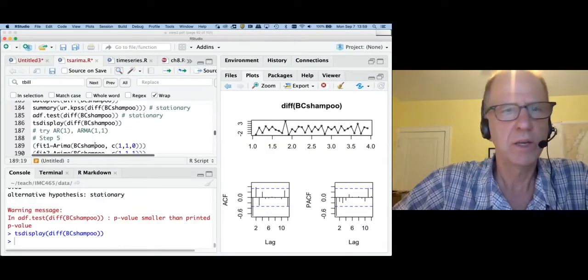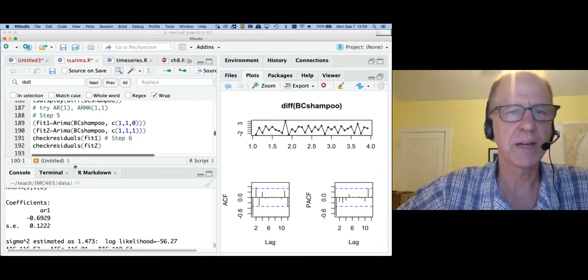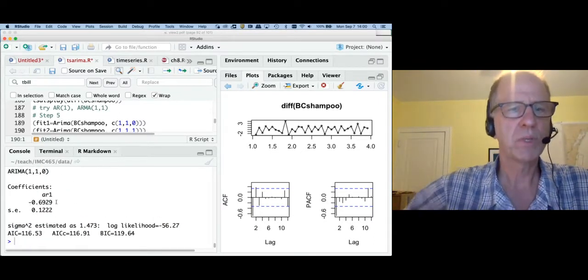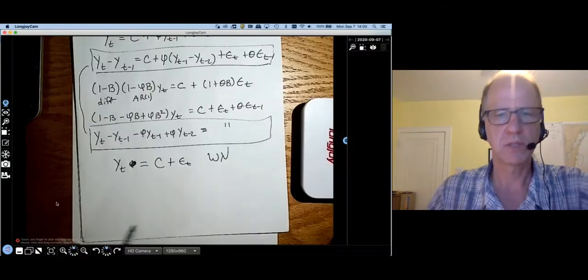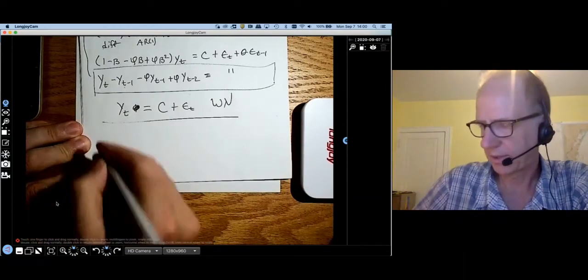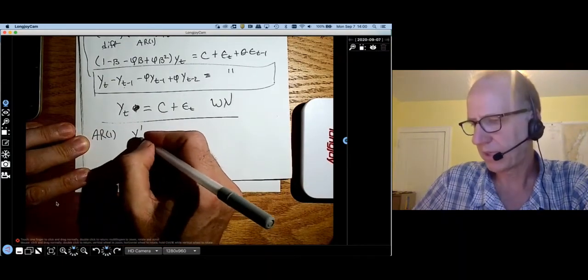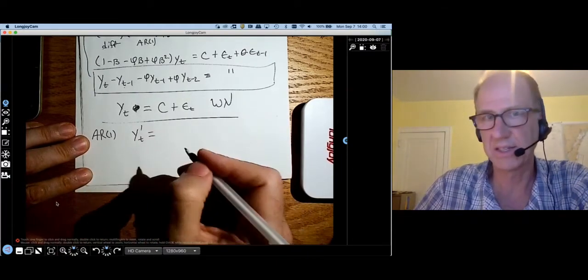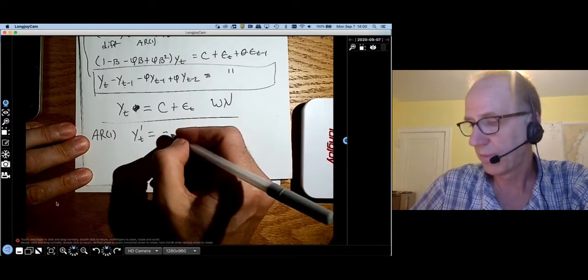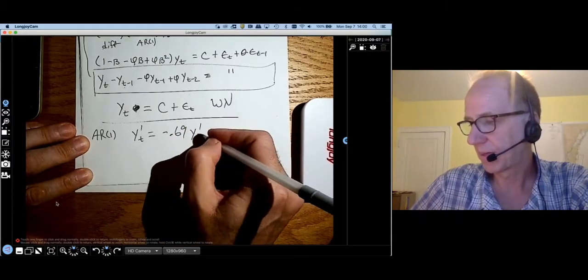So to fit an AR(1) model, this is what we get. Notice my coefficient is minus 0.69. So let's go write out what this model looks like. My model would be something like this. This is the AR1 model. Y prime t is equal to, notice there is no drift constant in this model, minus 0.69 times y prime t minus 1.